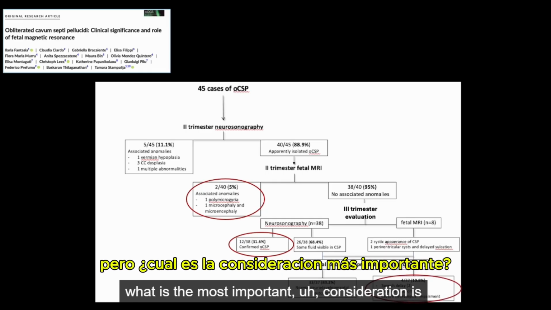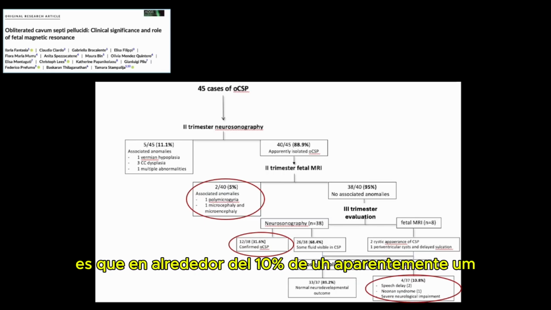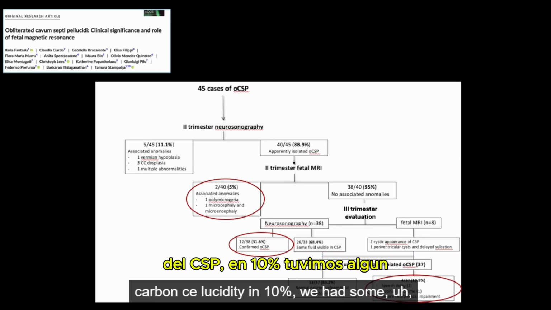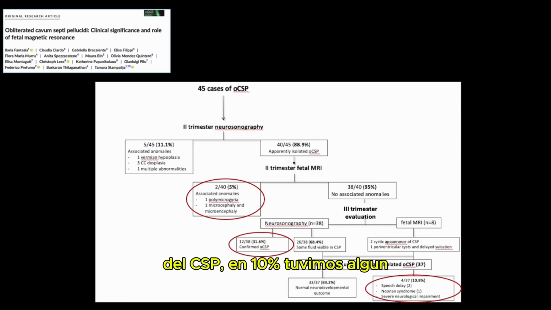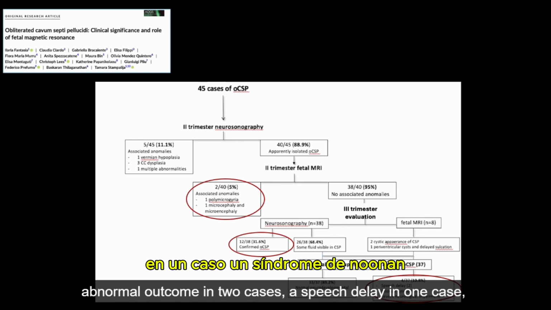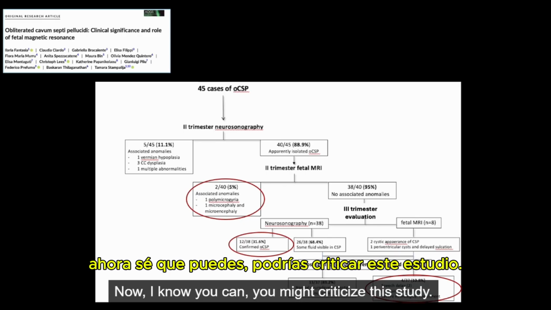But the most important consideration is that in around 10% of apparently isolated obliterated cavum septum pellucidum, we had some abnormal outcome. In 2 cases a speech delay, in 1 case a Noonan syndrome, and in 1 case severe neurological impairment. Now I know you might criticize this study.